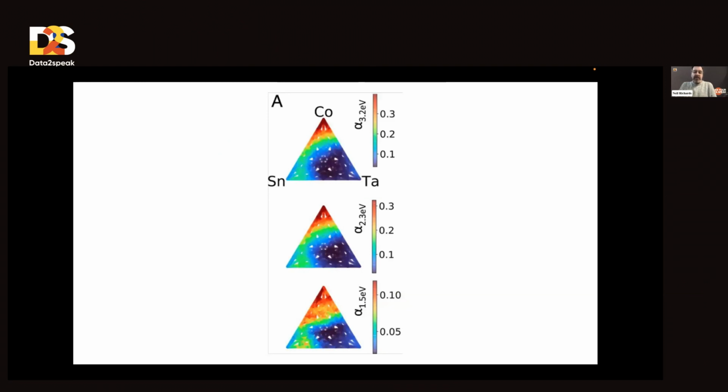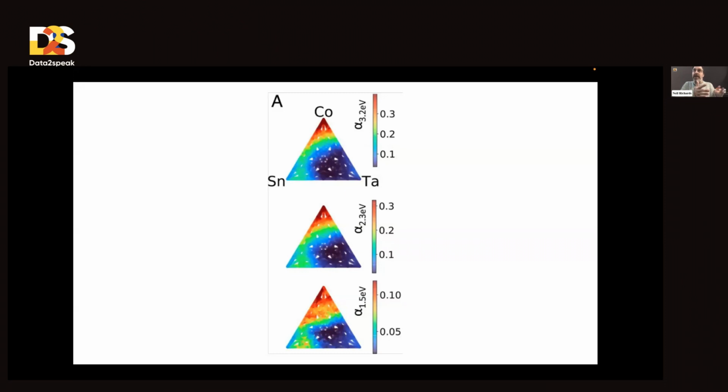And again, while I was doing this and writing the book, I was contacted by Zion Armstrong, who's a data visualization expert who works with scientists, and says, well, actually, we use triangle charts all the time in metallurgy. So, the science of metals, ternary charts like this are really often used. Now, to you and me, we might think this is a little bit complex. It's looking at the different compositions of tin, cobalt, and tantalum there, and it's showing how much alpha 3.2 EV is in them.